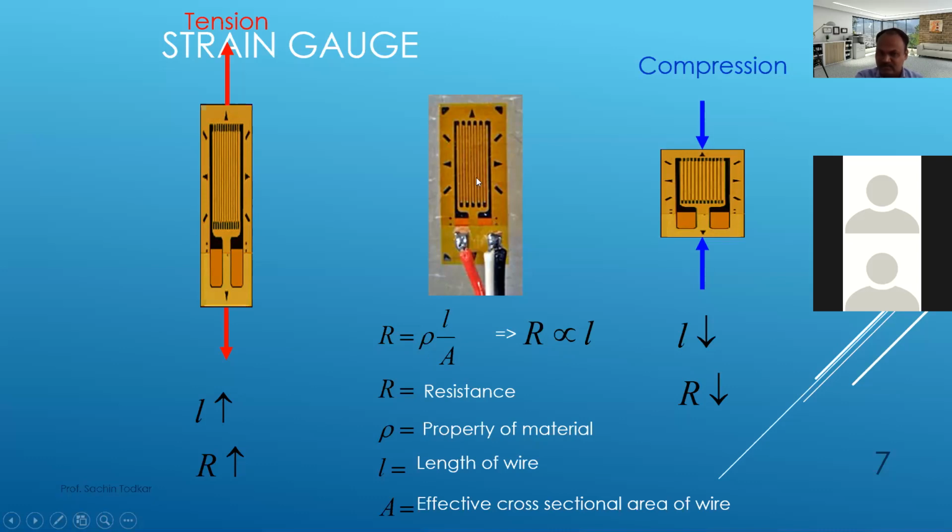Okay, so this is the actual strain gauge applied in industry right now. If it is compressed, the length decreases and resistance decreases. If it is elongated or tension force is given, then the length increases and resistance also changes linearly with that.